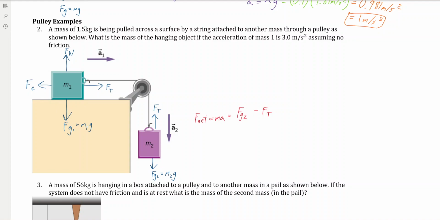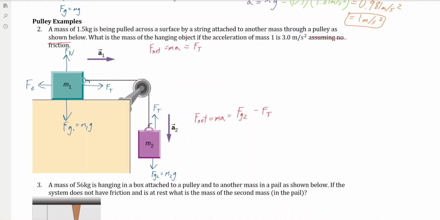So now let's take a look at the first mass, where we've got Fnet equals ma. We know the acceleration, and we know that it's Ft minus Ff. Oh, sorry, assuming no friction. Oh, I didn't see that.